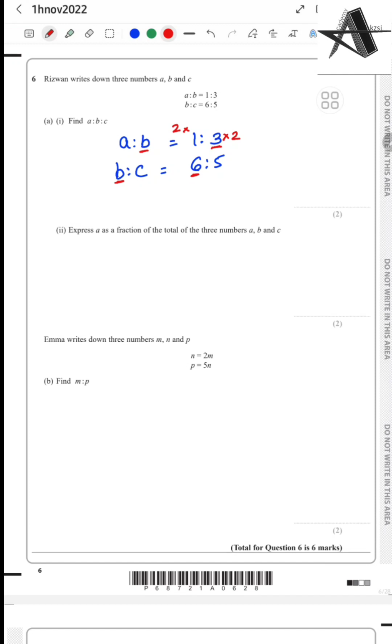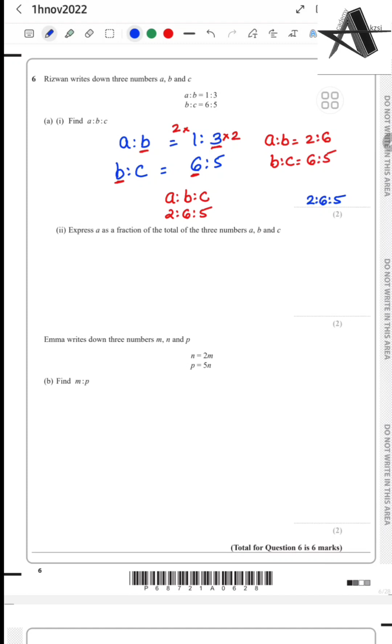So the final ratio will become A ratio B will be 2:6 and B ratio C will be 6:5. That means, since I made the 6 same, A ratio B ratio C will become 2:6:5.